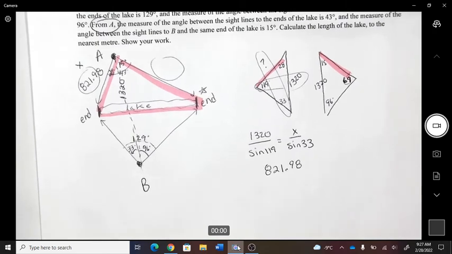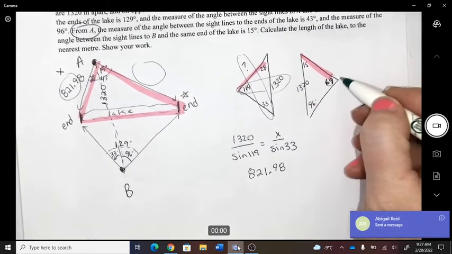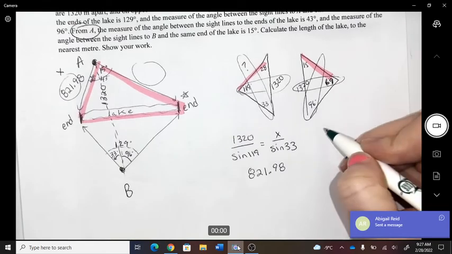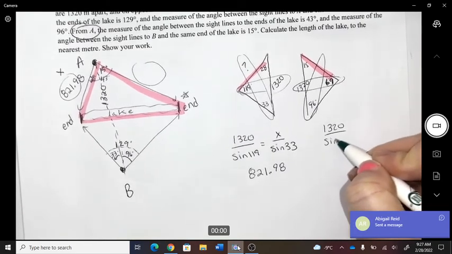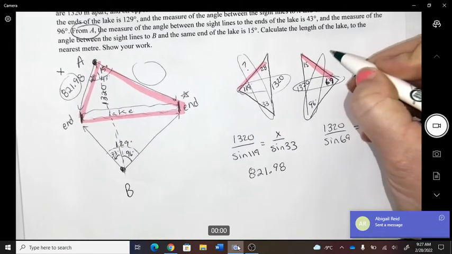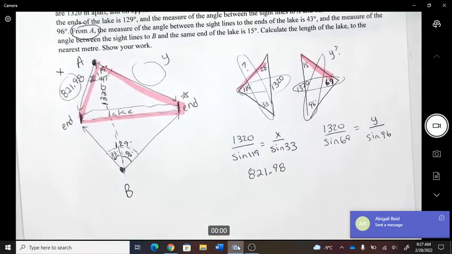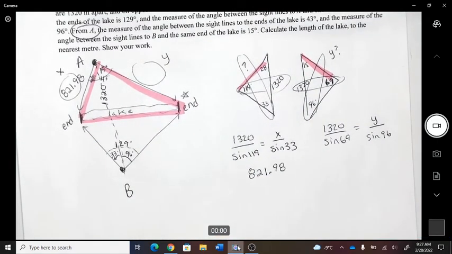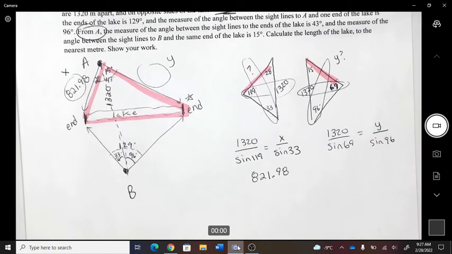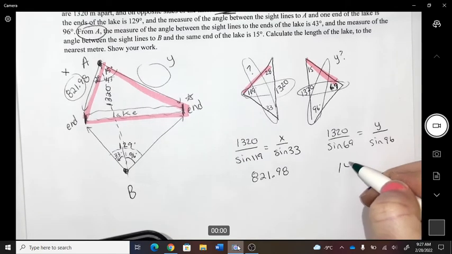Okay, same idea on the right triangle. So I'm going to go pair, pair. I'm going to call this one Y if you're okay with that. Okay, times and divide. Oh, be careful with those numbers that you're not mixing them up. Is anybody getting 1406?